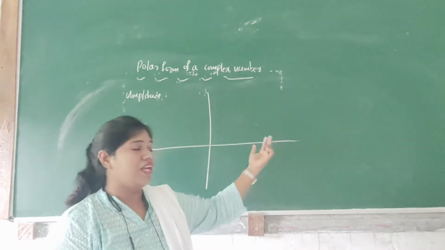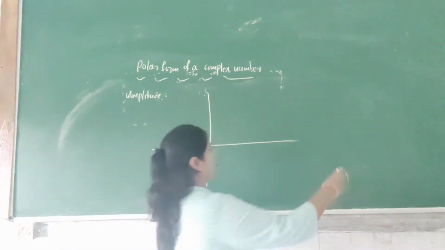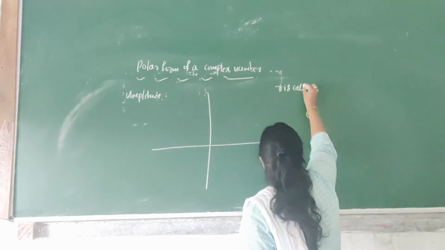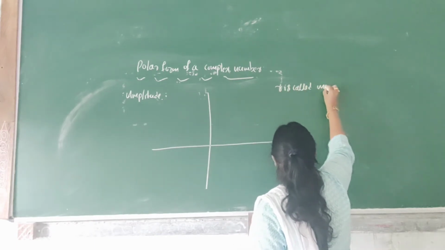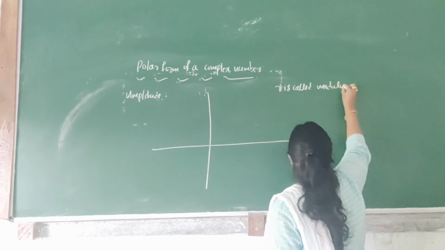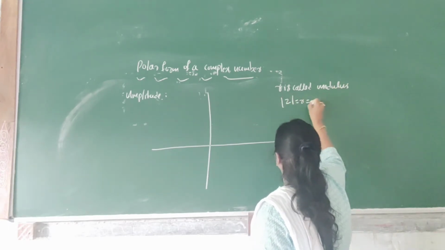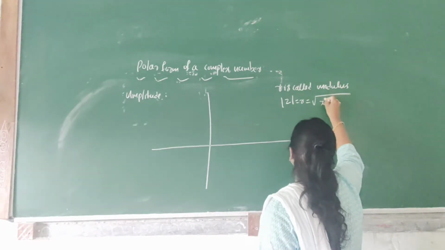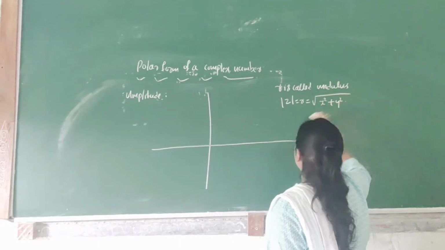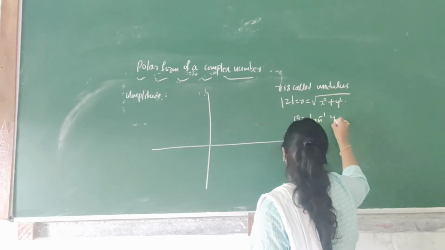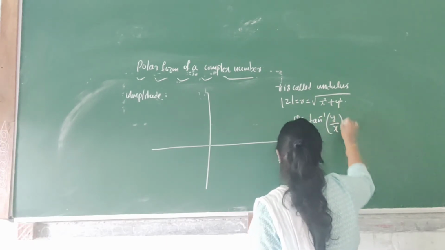So where r is called the radius, r is called the modulus. So what is the modulus of z? It is nothing but r only. Okay, don't get confused. r is the square root of x square plus y square. So theta is equal to tan inverse of y divided by x.